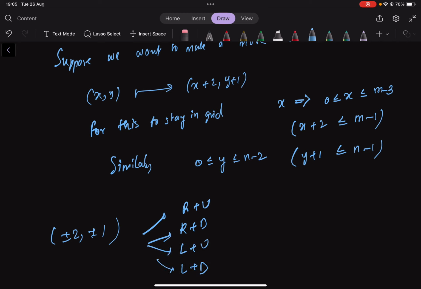So 4 times, for 0 to m minus 3 we have m minus 2 solutions, and for 0 to n minus 2 we have n minus 1 solutions. So in this case we have 4 times m minus 2 into n minus 1.